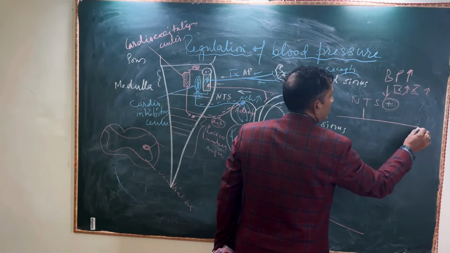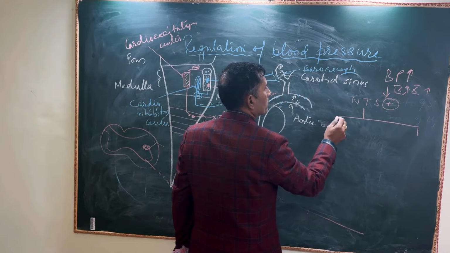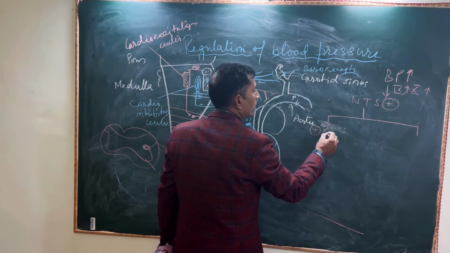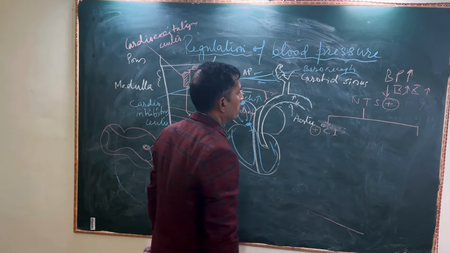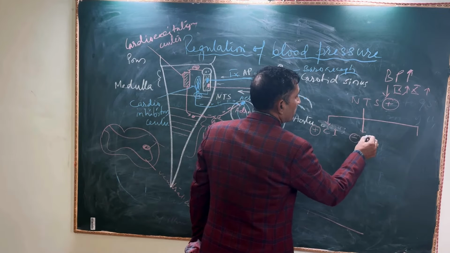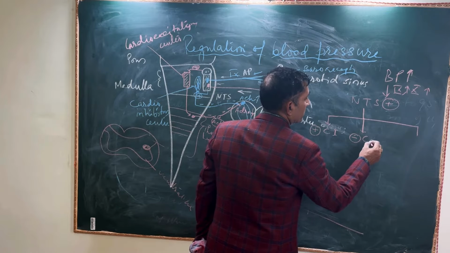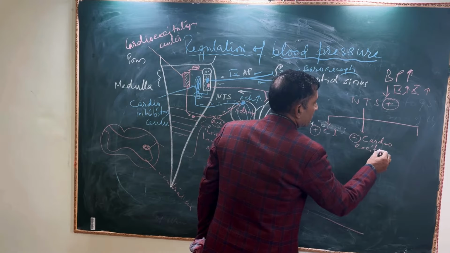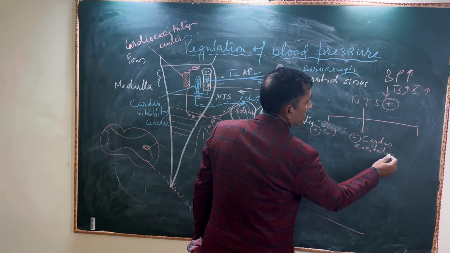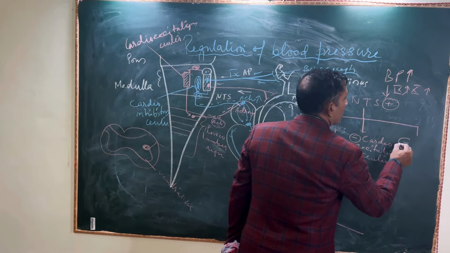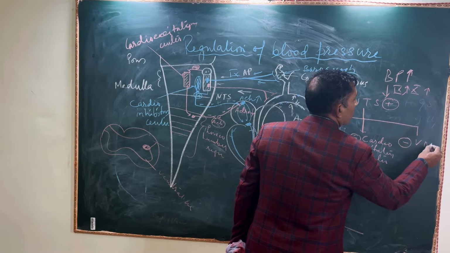Once nucleus tractus solitarius is stimulated, then there is a stimulation of the cardio inhibitory center, inhibition of the cardio excitatory center, and there is the inhibition of the vasomotor center.